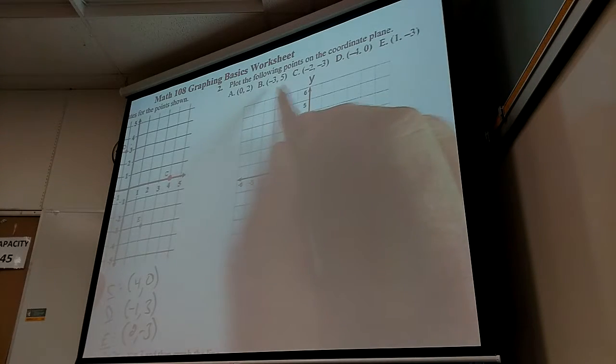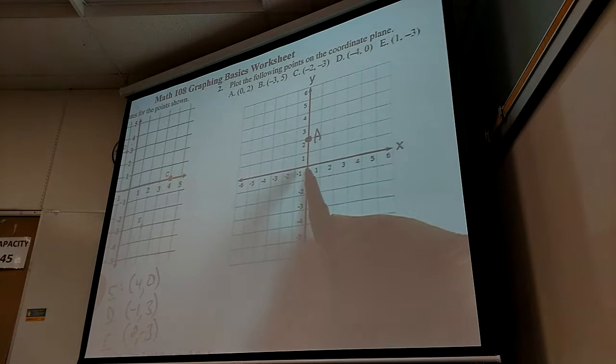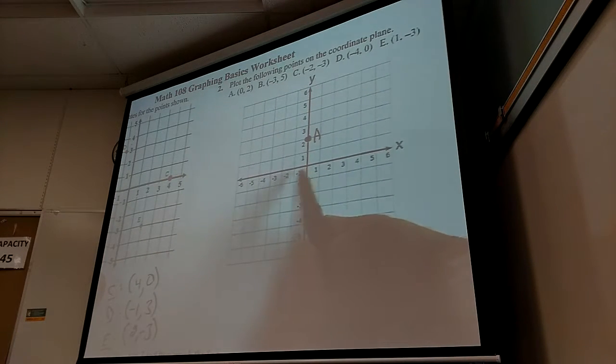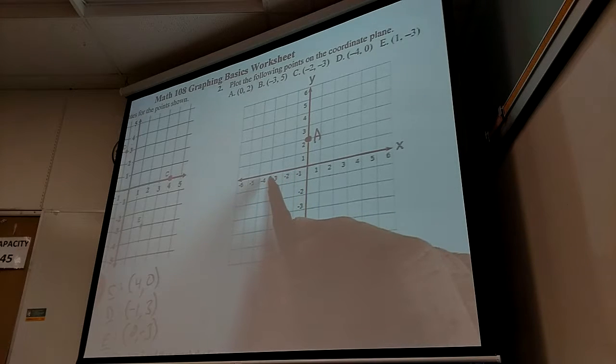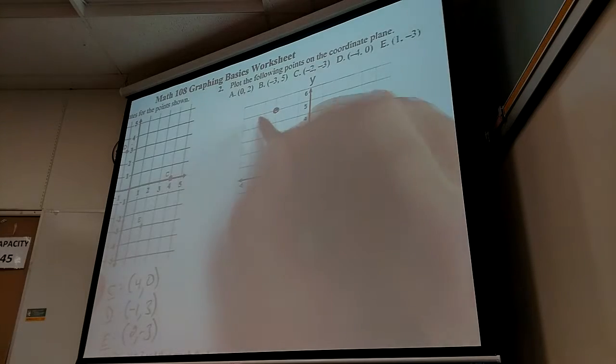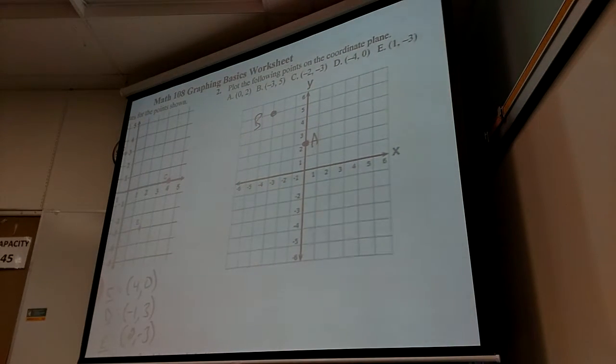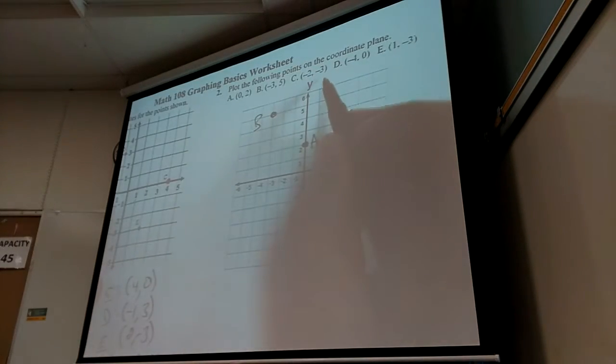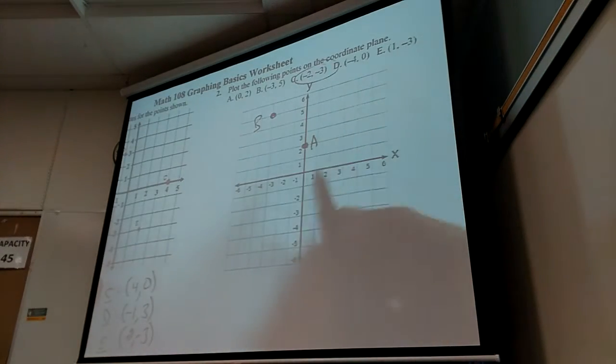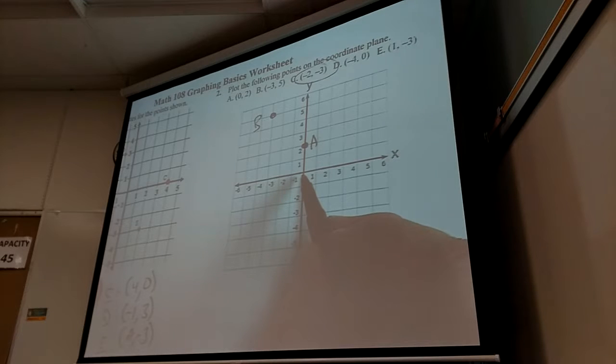Where's this point at? Where do I go? 4 down. 3 back. 5 up. That's point B. What about this one? Back 2. Down 3.